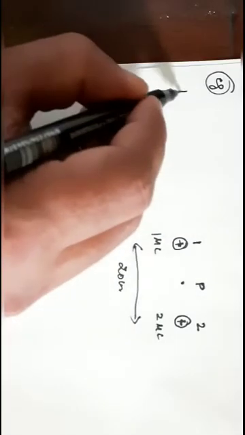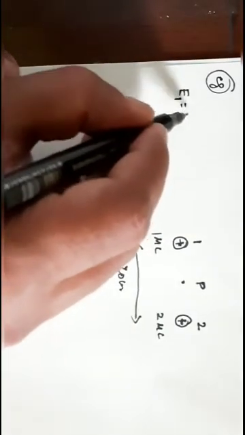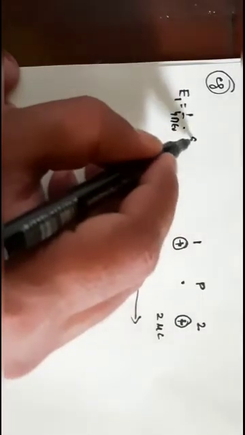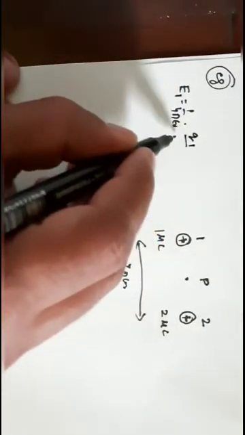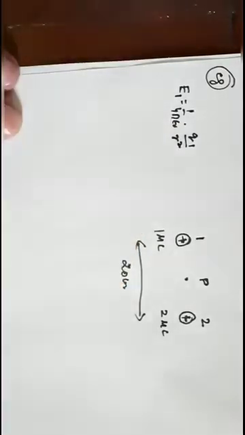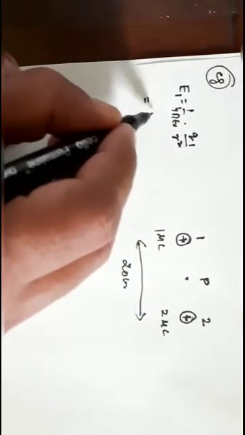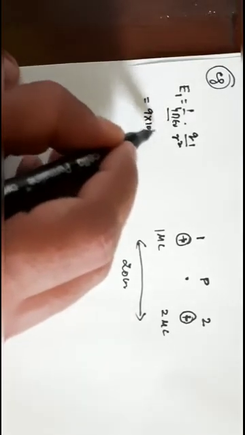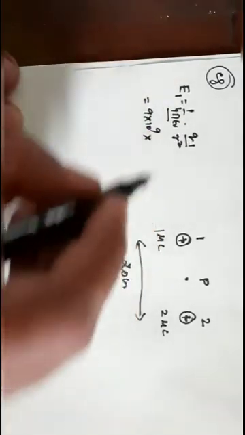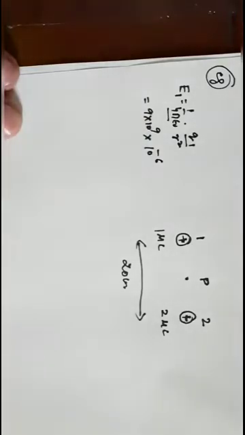First we calculate the magnitude. E1 is equal to 1 upon 4 pi epsilon naught. You know the electric field due to a point charge is charge Q1 divided by distance squared. For the first charge, this factor is 9 into 10 raised to power 9. The charge is 1 micro, which means 10 raised to minus 6, divided by r squared.